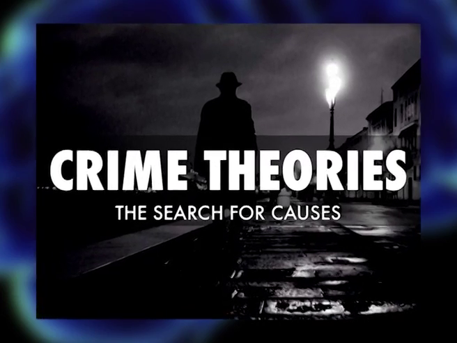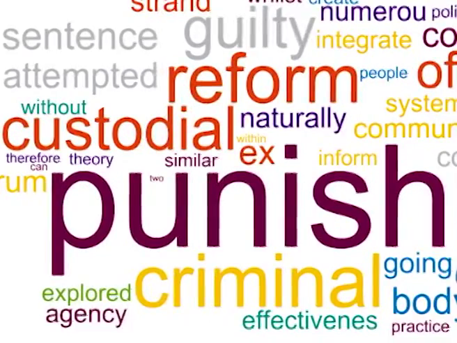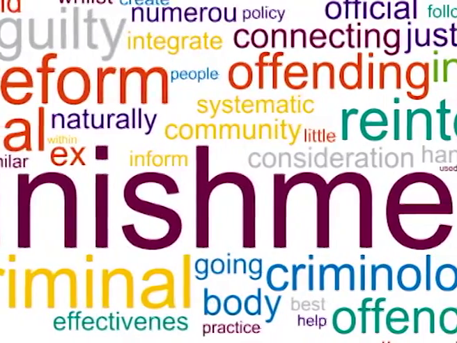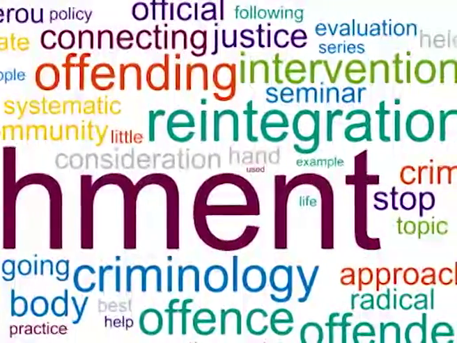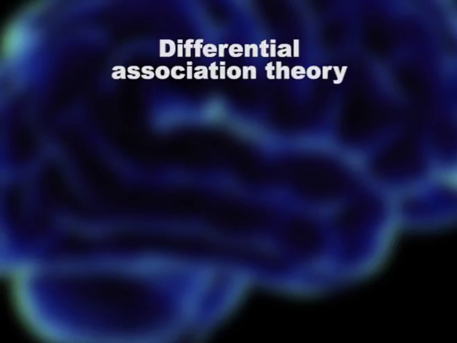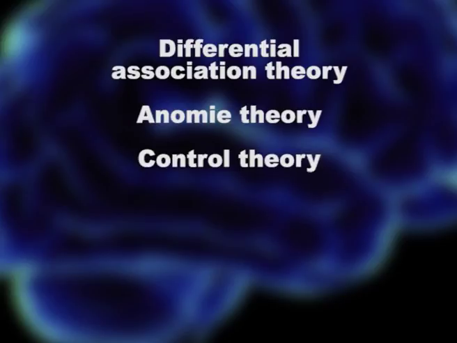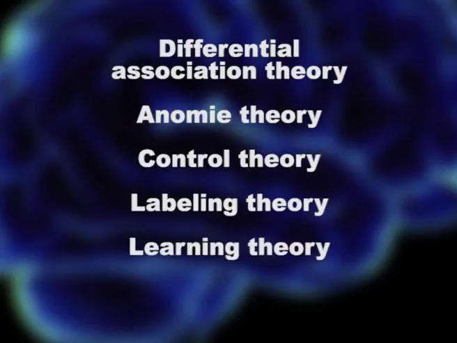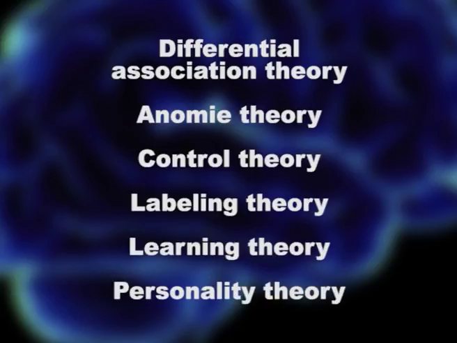Now, what are the theories of crime? There are different theories which explain the causes of crime. The most significant are the differential association theory, anomie theory, control theory, labeling theory, learning theory and personality theory. Relation between personality and crime.